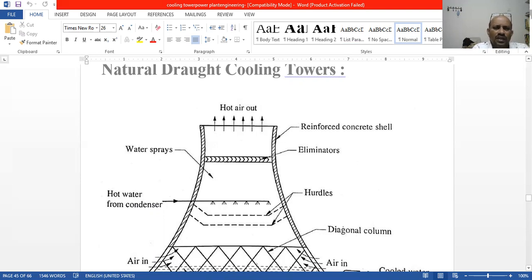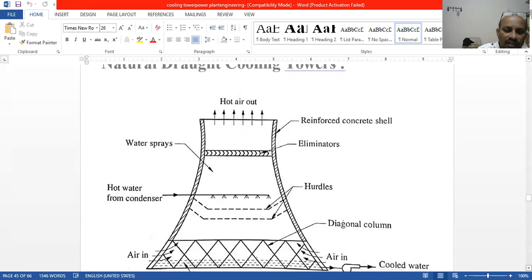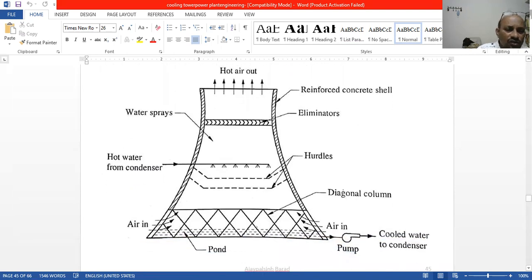Over there, we are cooling the air twice, with the help of sprays. And the third process is we are cooling the water with the help of air. See clearly how the air is entering. The water enters the pond located inside the cooling tower.